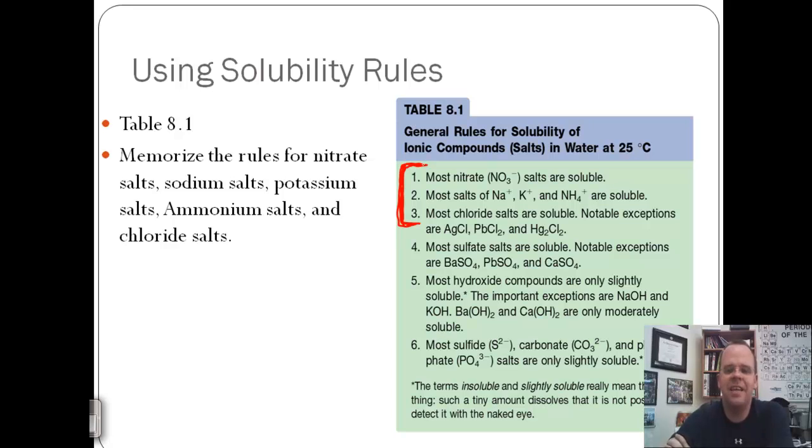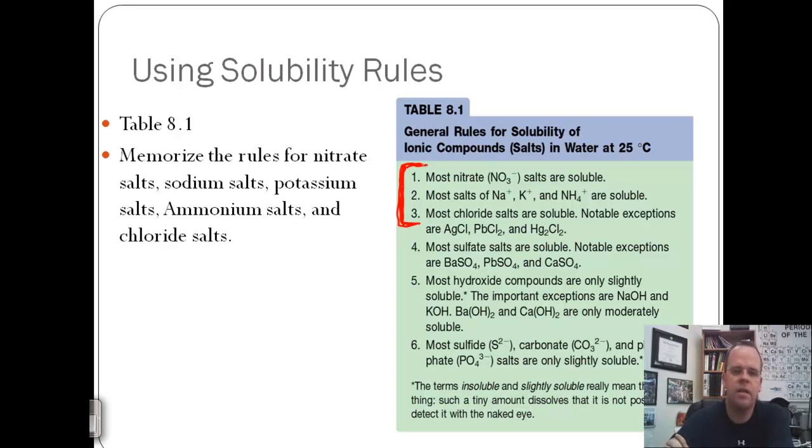are nitrates. Anything that's bonded to nitrate will always dissolve in water; it will be soluble. Second, potassium, sodium, and ammonium. Those three cations are always soluble. Anything bonded to those three cations will be soluble.